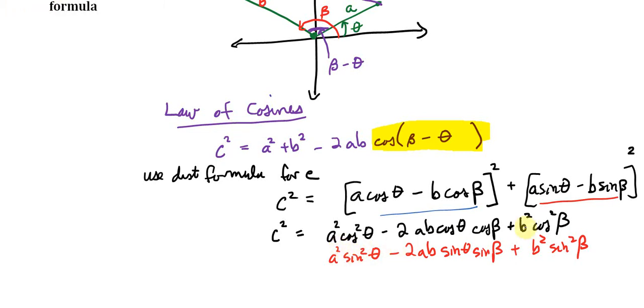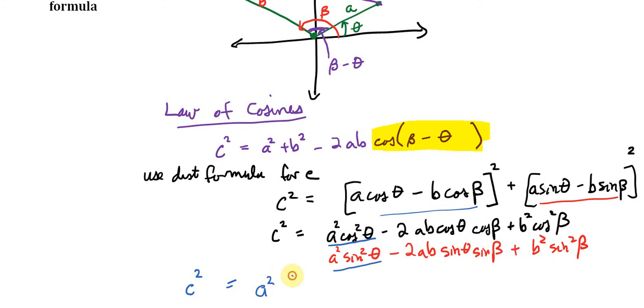So if you look at here, there are some terms that we could put together. So A squared cosine squared theta is going to match up with A squared sine squared theta. There we go.